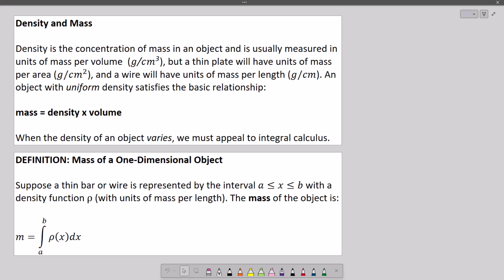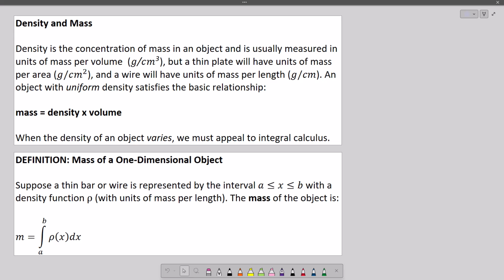If we imagine a thin plate, you can measure density in 2 dimensions and have it be grams per centimeter squared. Or if you have a wire, you can imagine density as one-dimensional density, and we would measure it in grams per centimeter instead of grams per square or cubic centimeter.